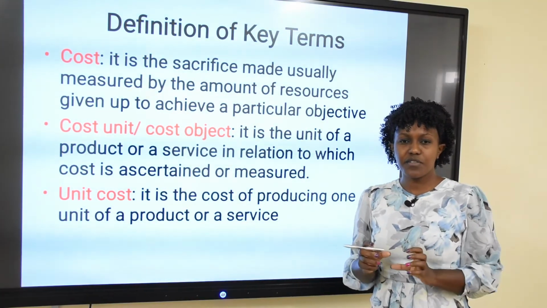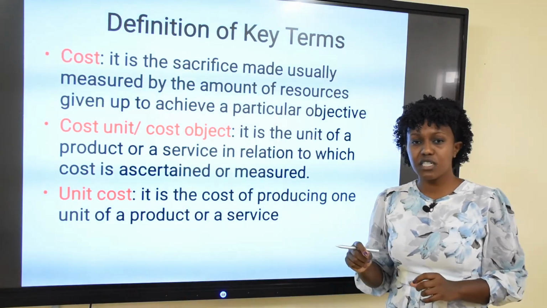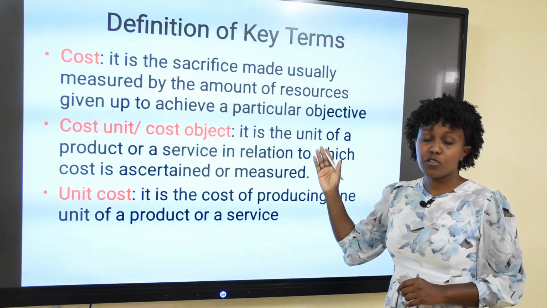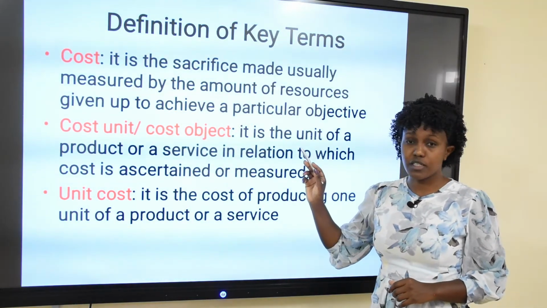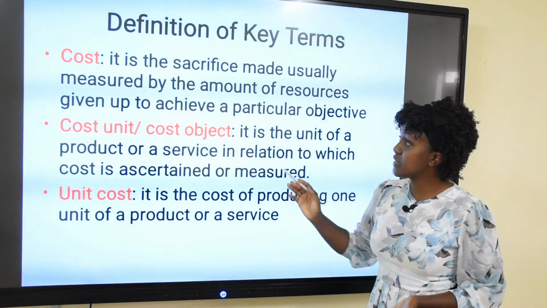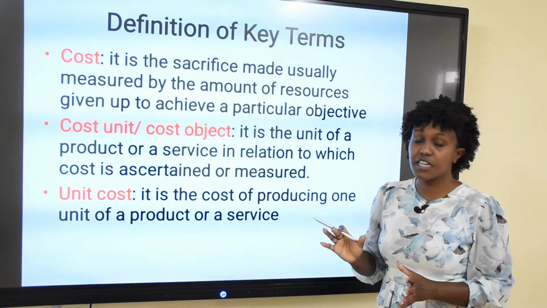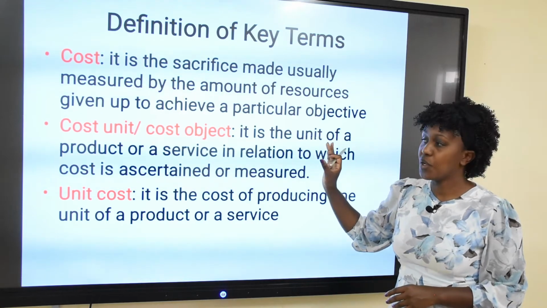That sacrifice of the resources given up to meet that objective, either to produce a product or to deliver a service, is what you call cost. It is usually measured by the amount of resources given up to deliver a particular objective.